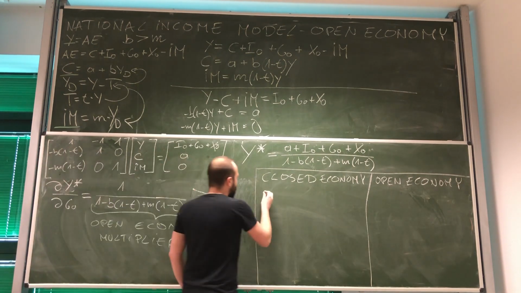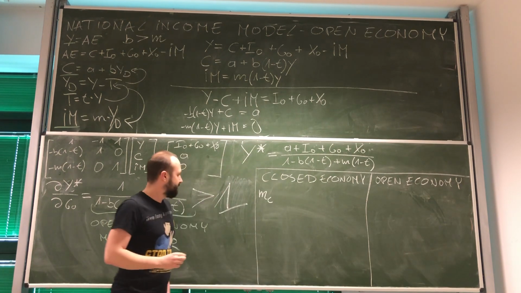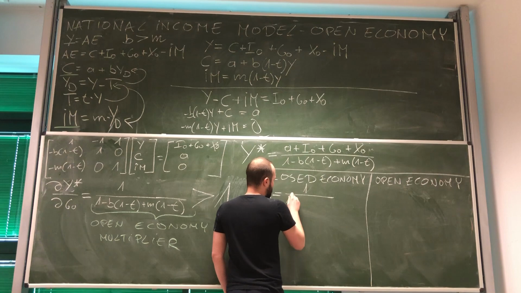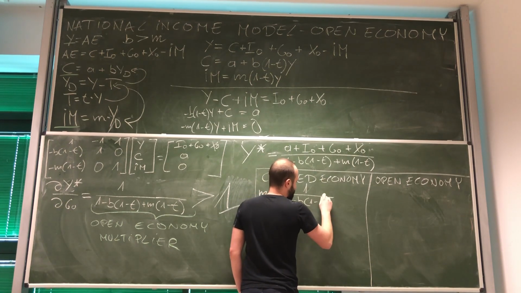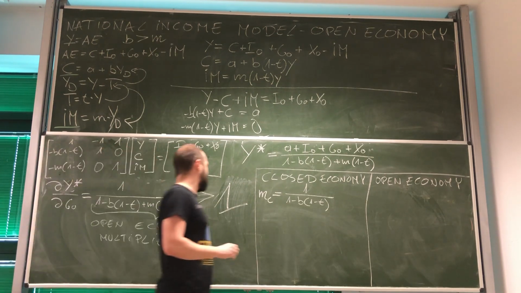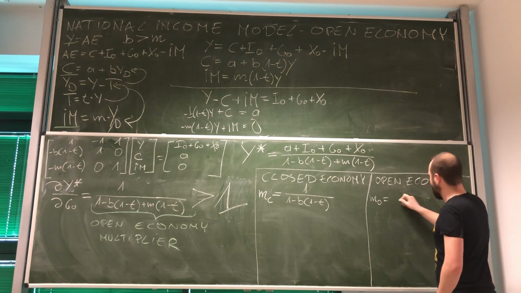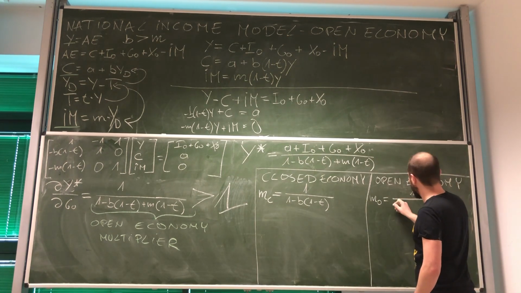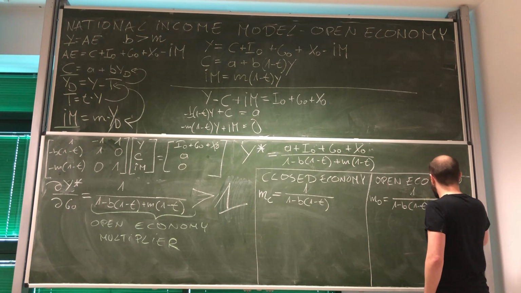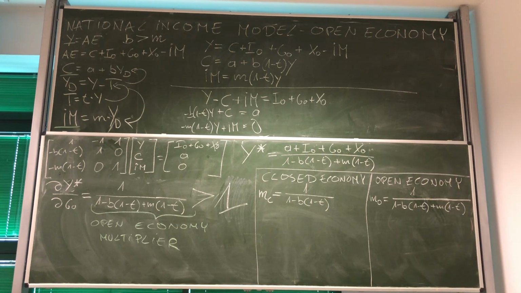Well, in closed economy, we remember, let's call it MC, and it's equal to 1 over 1 minus B times 1 minus T. In the open economy, we now know that this is MO. It's 1 divided by 1 minus B, 1 minus T, plus M times 1 minus T.